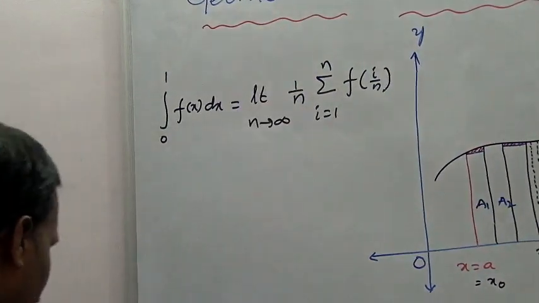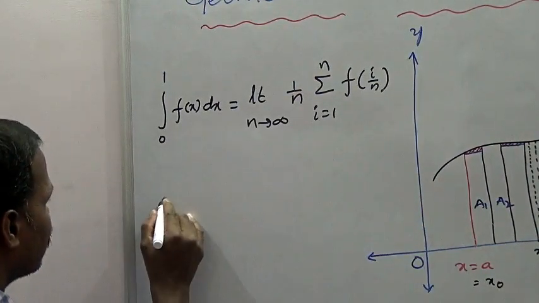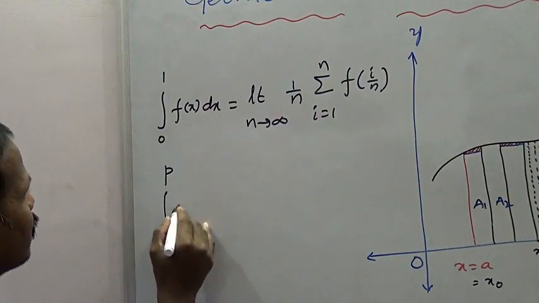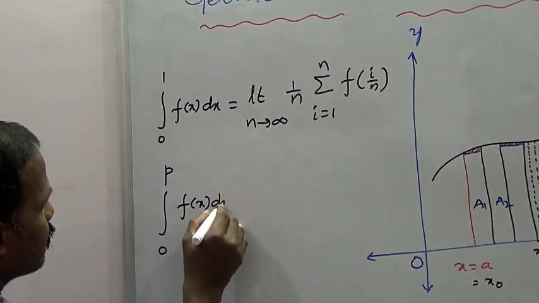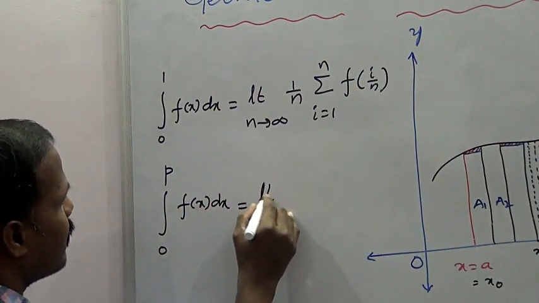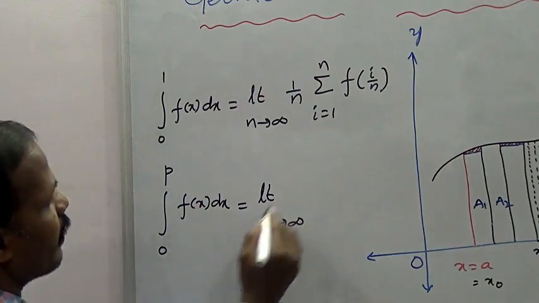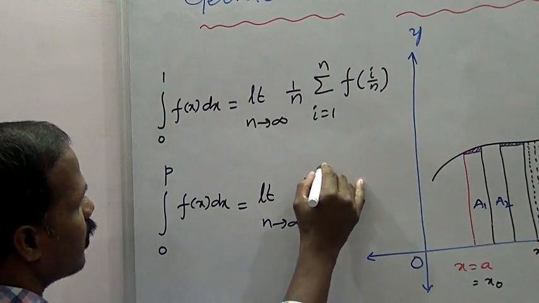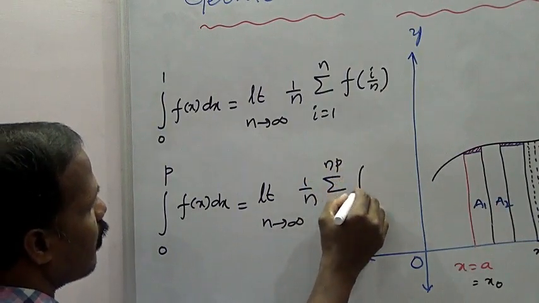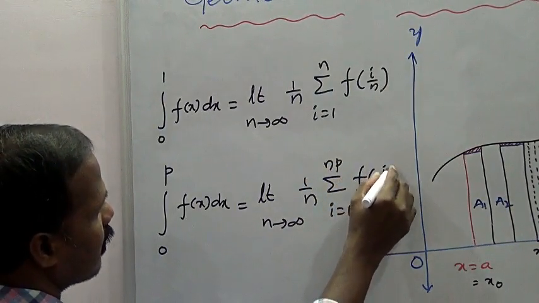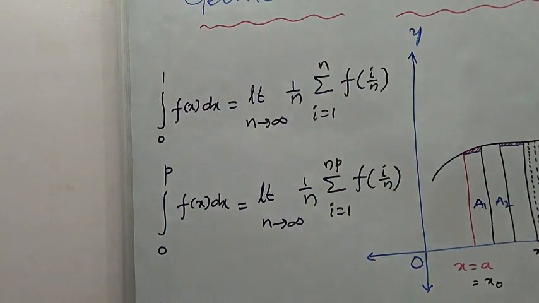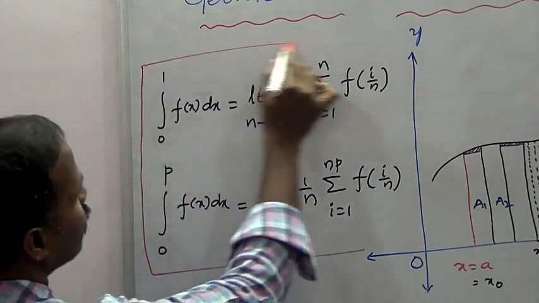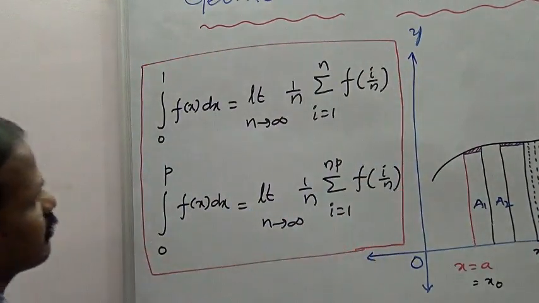Okay, suppose the limits are 0 to p. Then the integral from 0 to p of f of x dx equals the limit as n tends to infinity of 1 by n times the summation from i equal to 1 to np of f of i by n. You must remember these formulas.